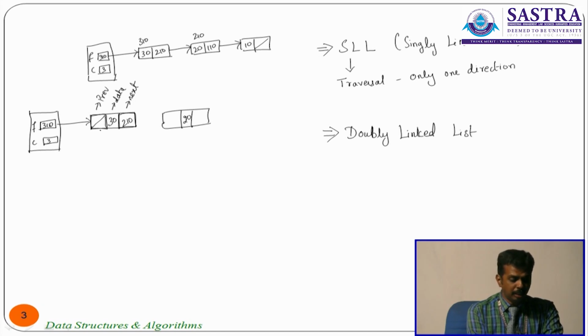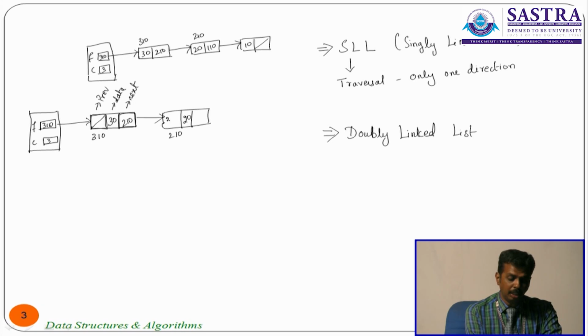So, what is the address of the previous node? This node's address is 310. This node's address is 210. By storing 210 here in the next field, it means that this is linked with this one. Similarly, the 210th node knows who is the previous, it means that it contains the information about the previous node.